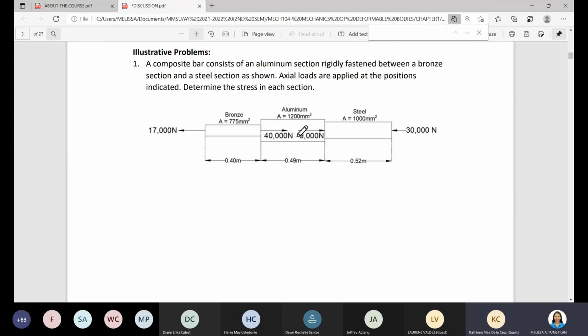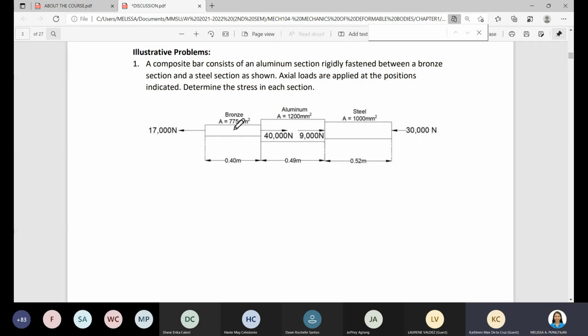So, a composite bar consists of an aluminum section rigidly fastened between a bronze section and a steel section as shown. Axial loads are applied at the positions indicated. Determine the stress in each section. So, yung composite bar na tinatawag natin ay bar that is composed of different materials. So, dito meron tayong bronze, meron tayong aluminum, and meron tayong steel. And then, meron nag-a-act ng mga forces dito sa ating composite bar.